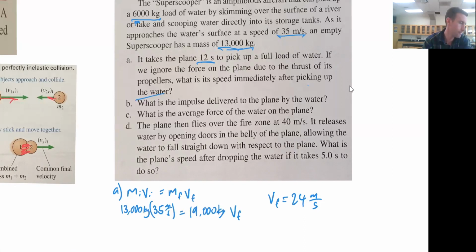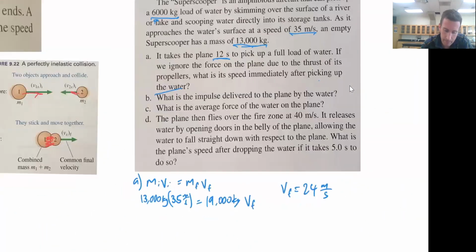So, the change of momentum would be the plane's change of velocity. Yeah, we're ignoring the water. We're ignoring the water is what's delivering the impulse. So, okay, I think I got it. I got to kind of think through these ones.